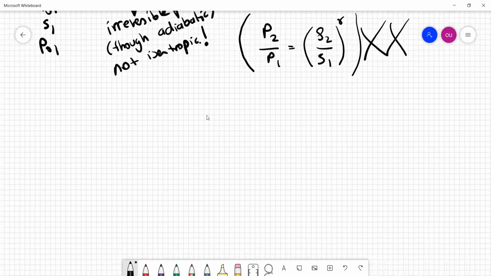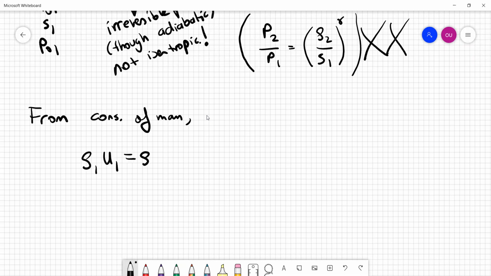The first one, for example, from conservation of mass, we write rho 1 u1 is equal to rho 2 u2.